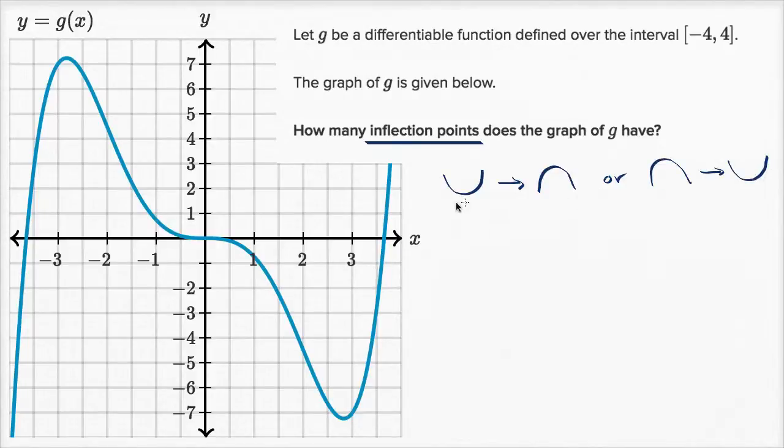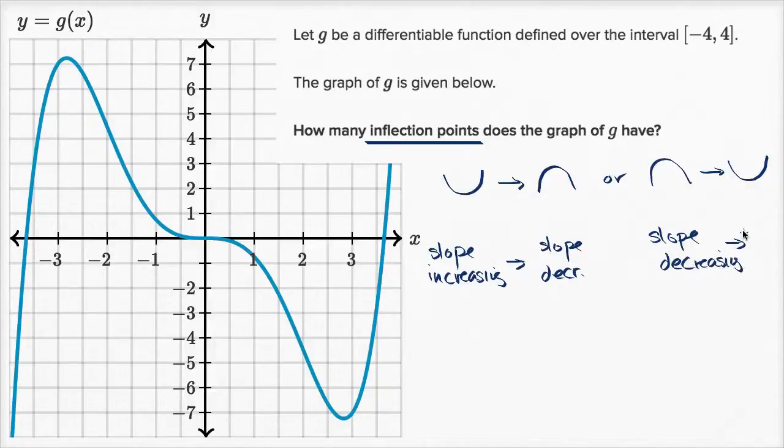Or another way you could think about it, we're going from our slope increasing to our slope decreasing, or the other way around. Any points where our slope goes from decreasing to increasing. So let's think about that.